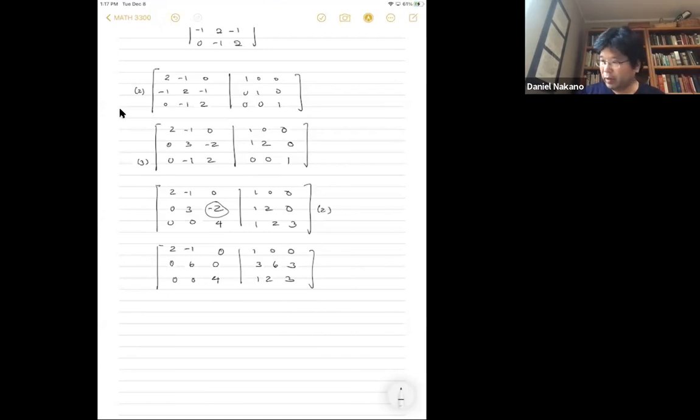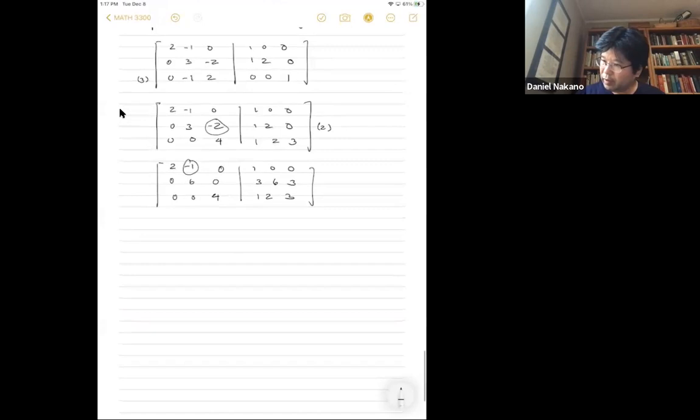Finally, I want to get rid of this one over here. So let's multiply this row by 6 and add it to the second row, and then we'll be almost done. With 0, 0, 4, 1, 2, 3 and 0, 6, 0, 3, 6, 3, we get 12, 0, 0 here, and 6 plus 3 is 9, and we get a 6 and a 3.